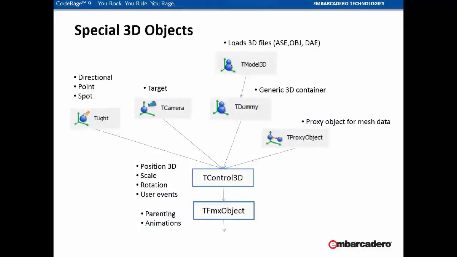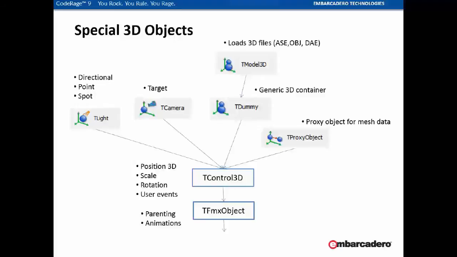There are also some special 3D objects that are used for building 3D visualizations. They are also derived from TControl3D, so they can have a position in a 3D space. These are components like TCamera. You can use a camera to specify the point of view into your 3D space. You don't necessarily need to use a camera.